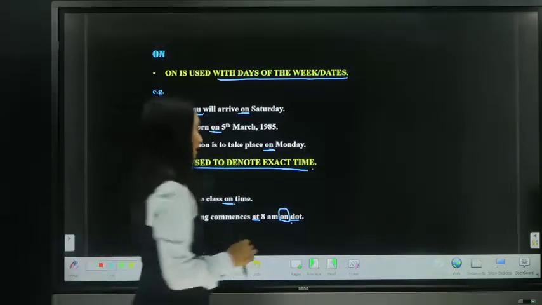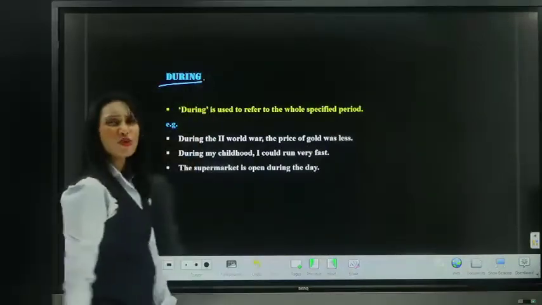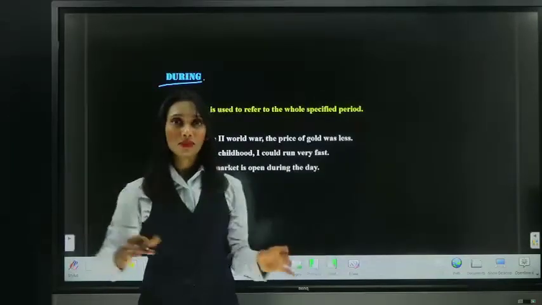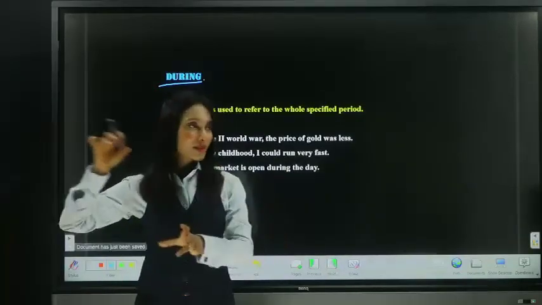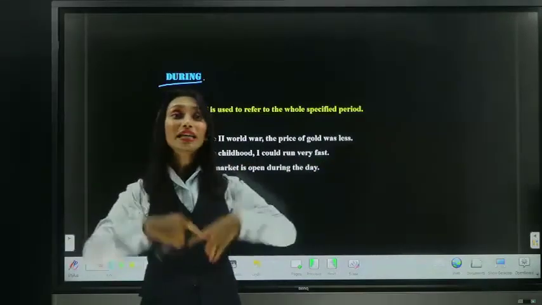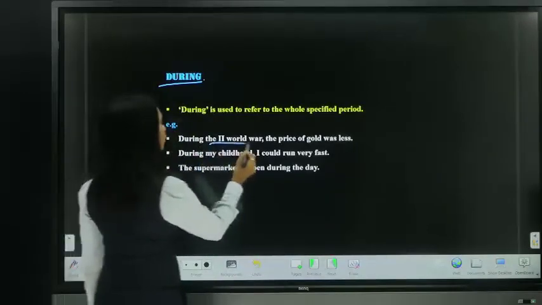Now let's see the next preposition of time, "during". What is "during"? "During" talks about the whole specified period of time. It doesn't mean at the beginning or in the middle or at the end of the particular time. "During" indicates the whole specified time. So, for example, during World War II.